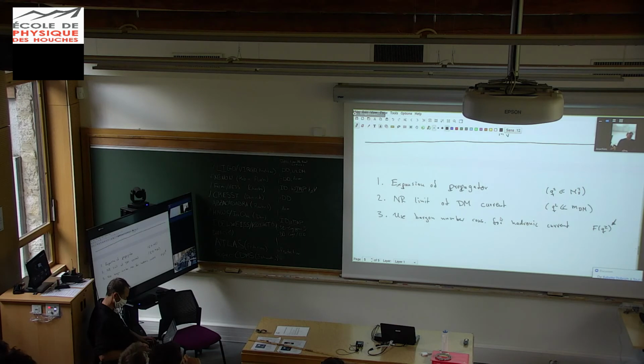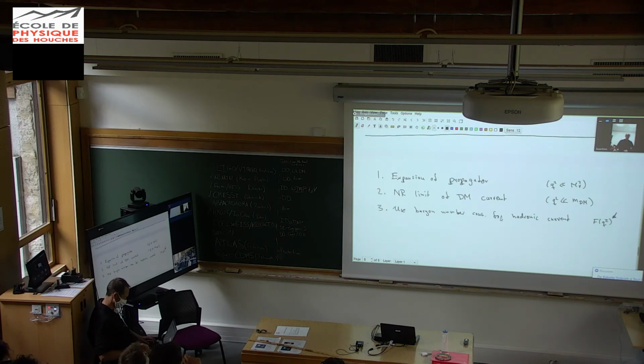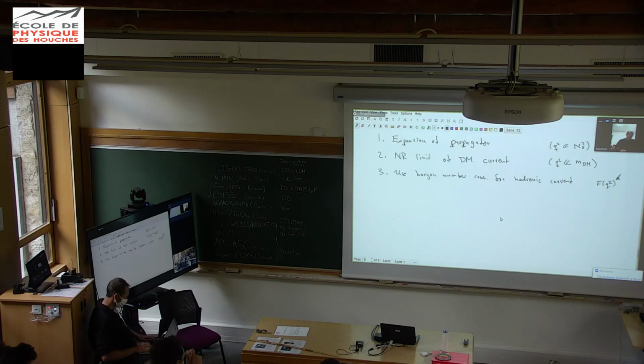All right, so that's kind of the outline of the remaining part of the lectures. And we'll start with the easiest one, which is expansion of the propagator. So what we have seen, so let me call this local dark matter interactions.